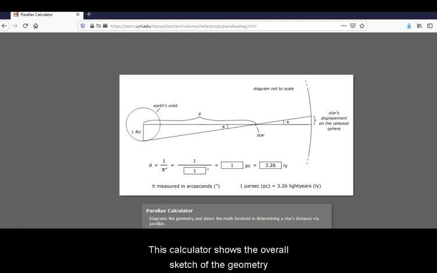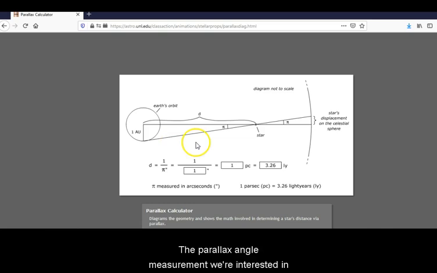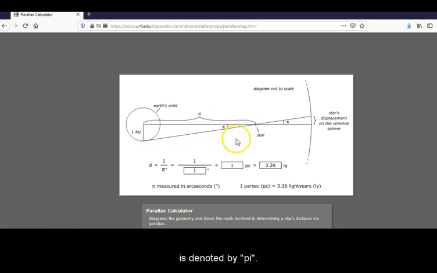This calculator shows the overall sketch of the geometry involving the nearby star, its distance from our solar system, and Earth's orbit. The parallax angle measurement we are interested in is denoted by pi.